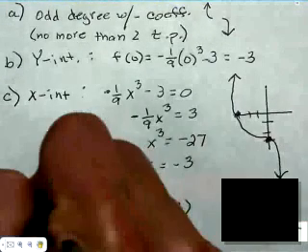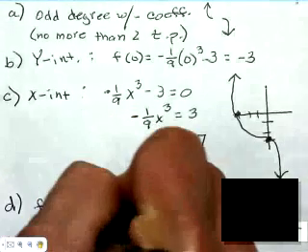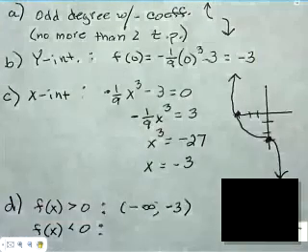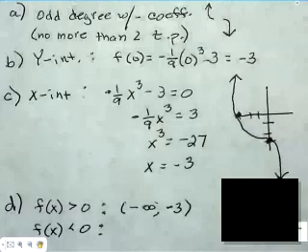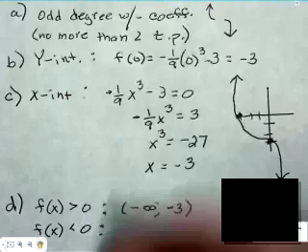And then all the x values for which the y's are negative. What are the x values for which the y is negative? -3 and then forevermore. That graph's going to keep going down.